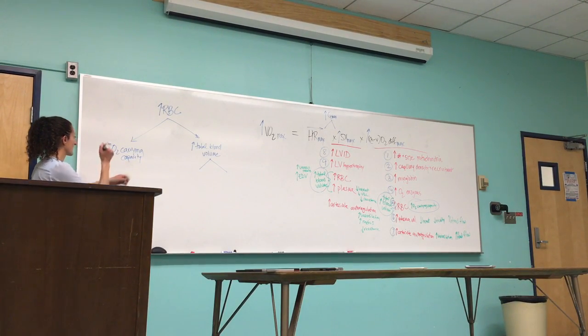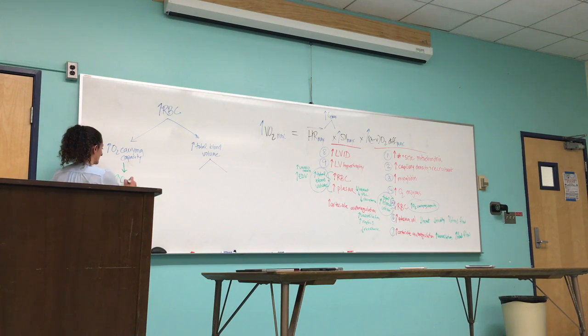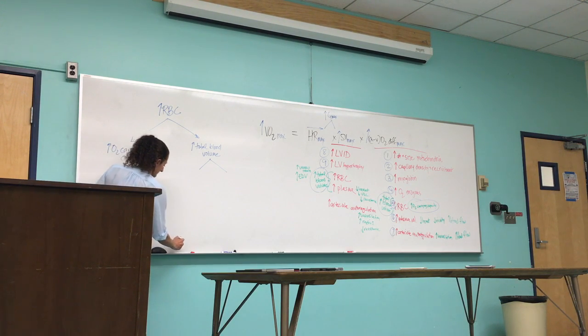Let's do oxygen carrying capacity first. How does that help us? More oxygen delivered. Increase oxygen delivery and uptake. And I said once you get that, you're golden. You've got AVO2 difference, which is going to take us to increased VO2 max, which is the goal.